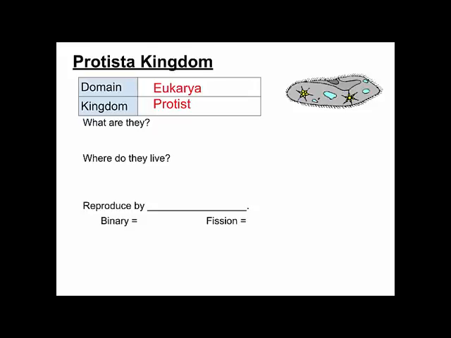They're eukaryote. And how about their nutrition? How they get energy? Nathan? Or both. They're both. There are some that are heterotrophs, there are some that are autotrophs. Okay? So they're unicellular, eukaryotic, and some heterotrophs, some autotrophs.